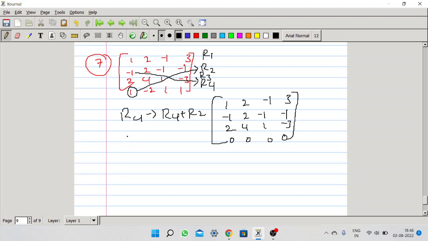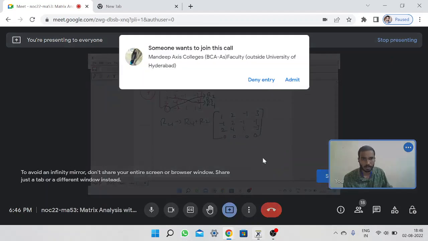Here, by using R1, you can do R3 minus 2R1 also in a single step. Then this row also will get changed. But let me do this in another step. While you do calculations, you can do that in a single step.